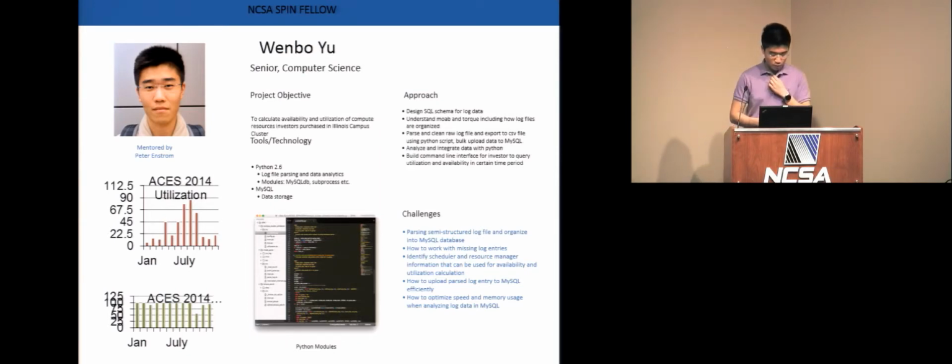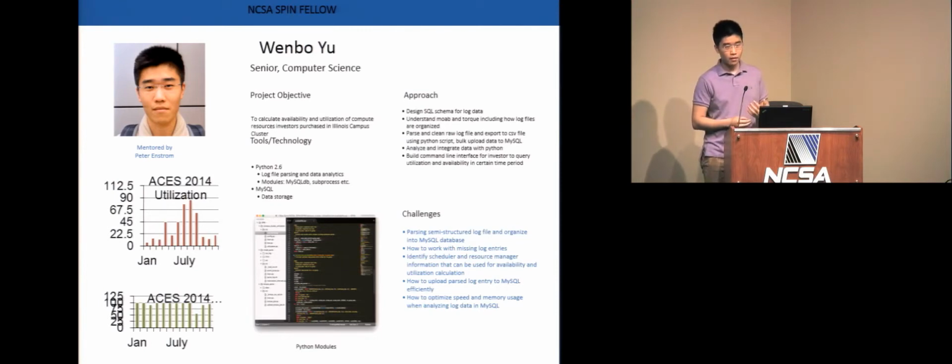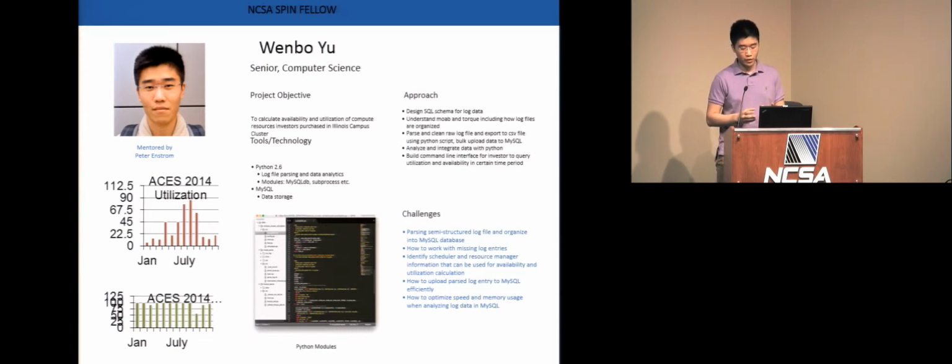So the purpose of this project is about letting the investors know what is the utilization and availability of the computing resources they invested in a certain time window. And the tools and technologies I used are Python and MySQL, and the approach is pretty straightforward.